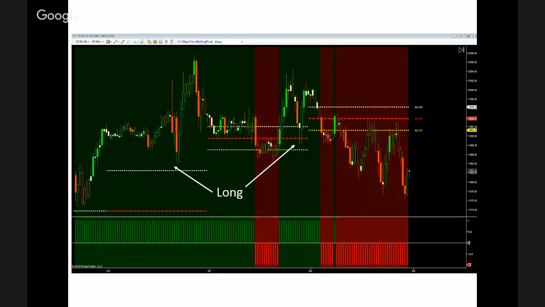If you're not familiar with what I mean by range, this is the pivot range. It's comprised of 3 pivots. The central pivot, which is the easiest range calculation that there is. You just take the high and the low and divide by 2, and then you have the central pivot. And then you have the main pivot, which is what I just explained, the high and the low and the close.